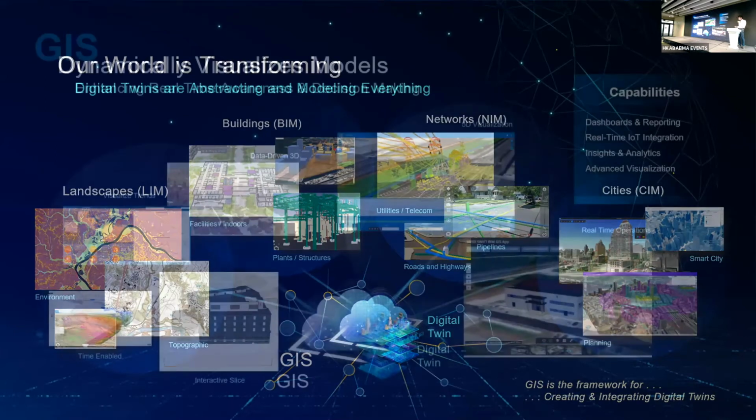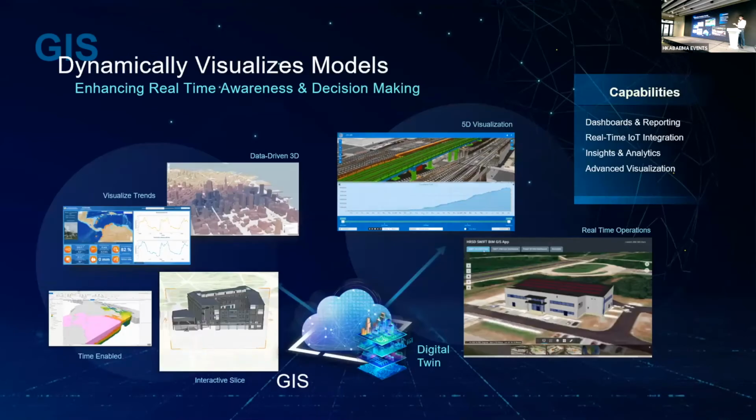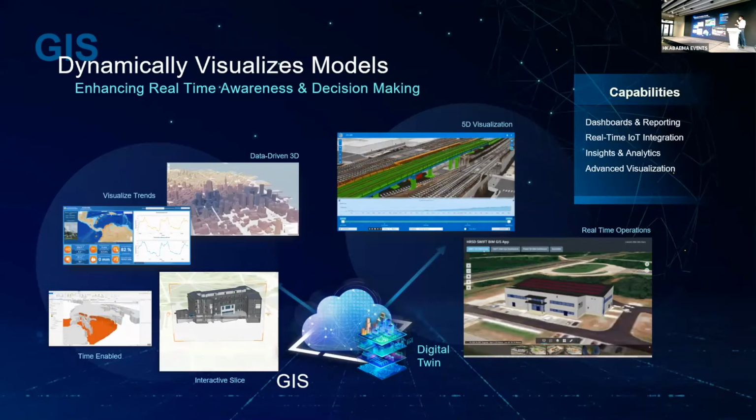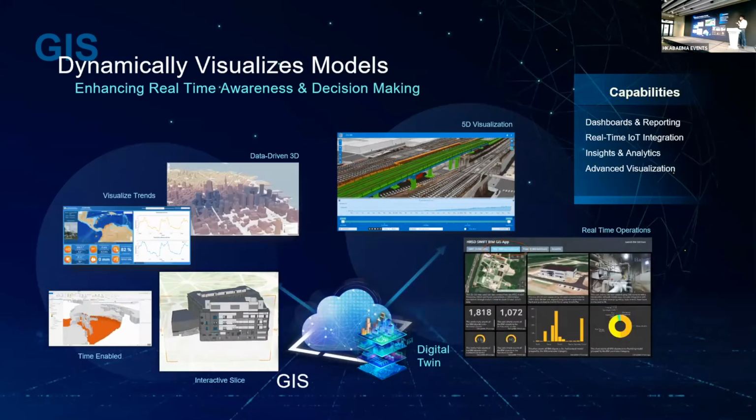For the BIM model, I have a slide as an example of how we can use BIM models in GIS. When we import the BIM model into GIS, we can seamlessly preserve all the features and attributes. In the left-hand corner, you can see that we can do BIM slicing and visualize all the details in your design and other items of the BIM.